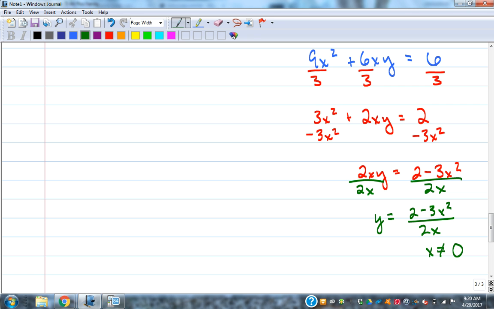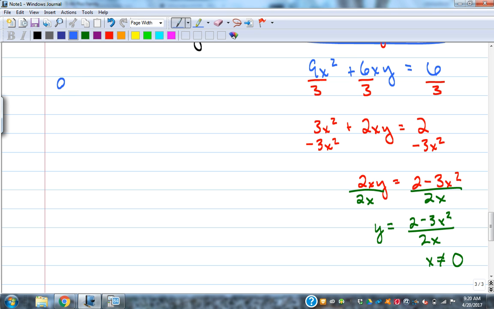All right, so now we have something that is y. That means I should be able to replace y in one of the problems. I'm going to go to one that I think is a little easier, and that would be the second one. It's ugly, though. It's not pretty, but it's just algebra.